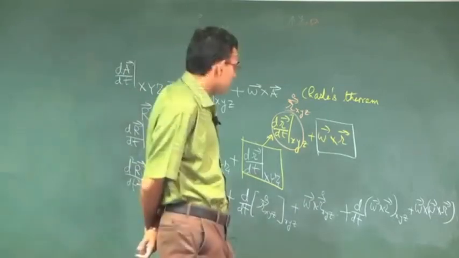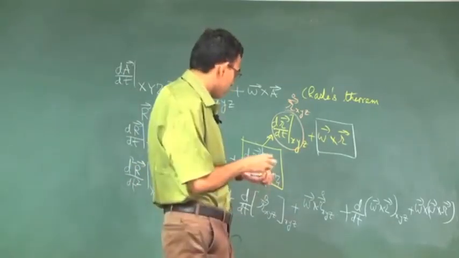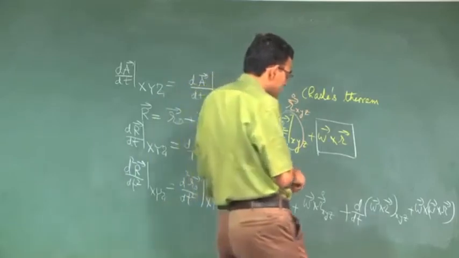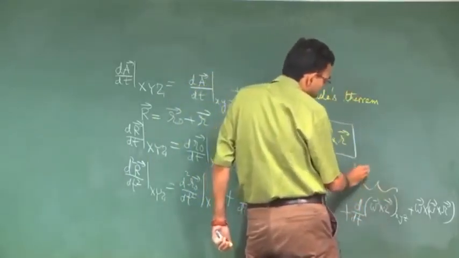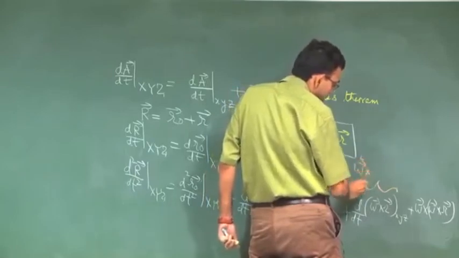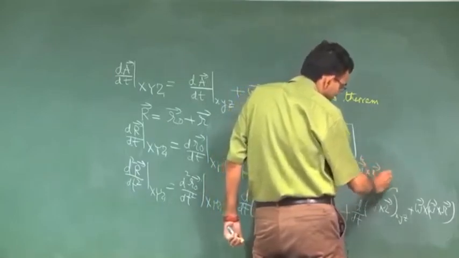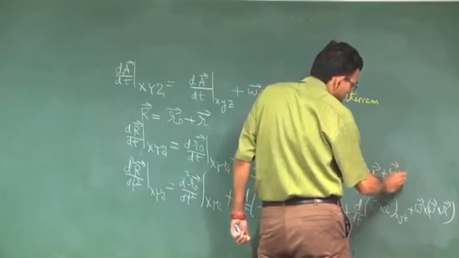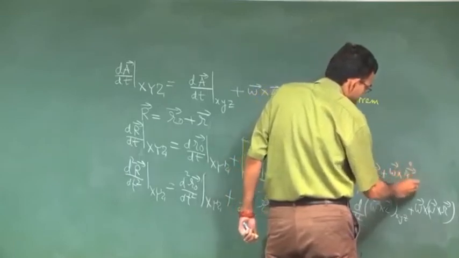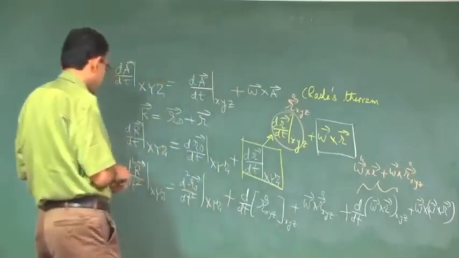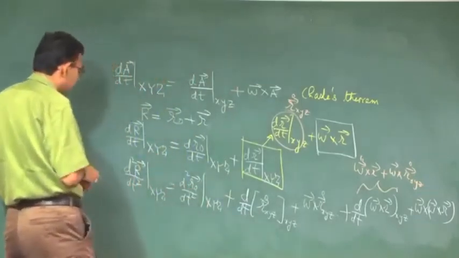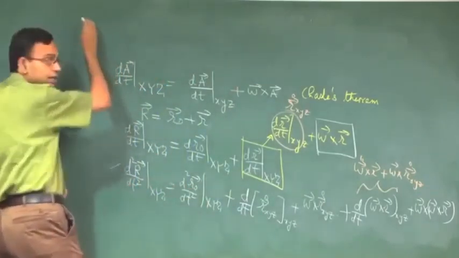Okay. So then the only task that remains is a simplification of this. So this will be omega dot cross r plus omega cross r dot with respect to small xyz. So let us write this equation neatly somewhere at the top.